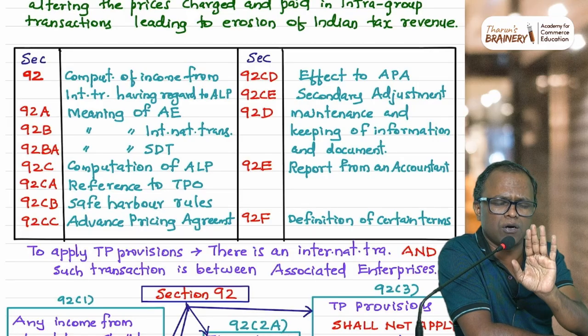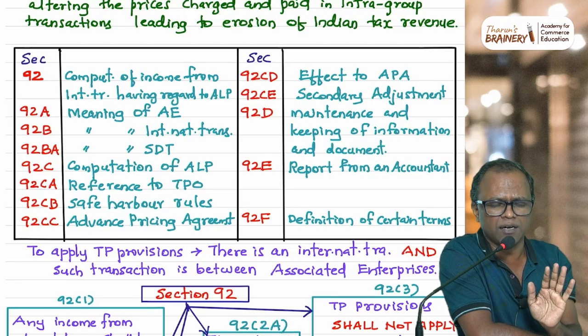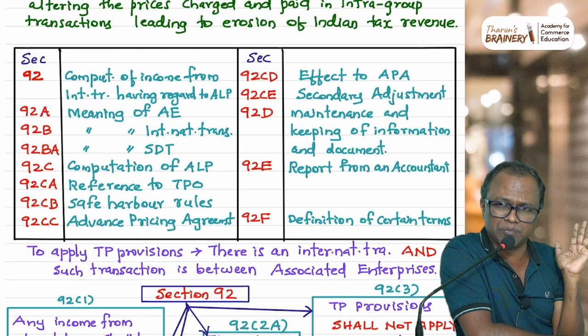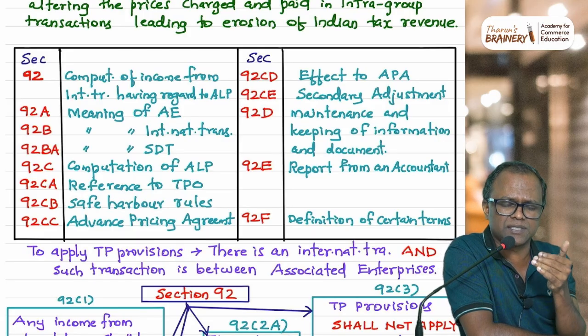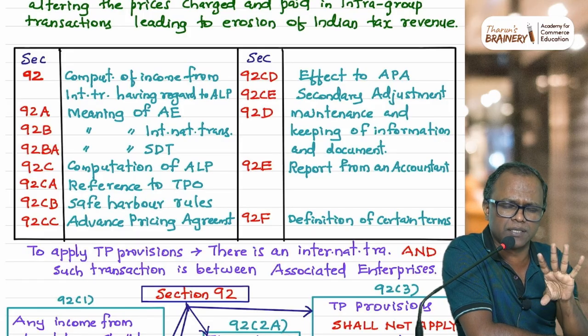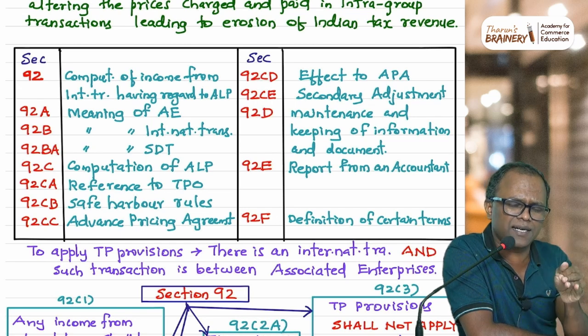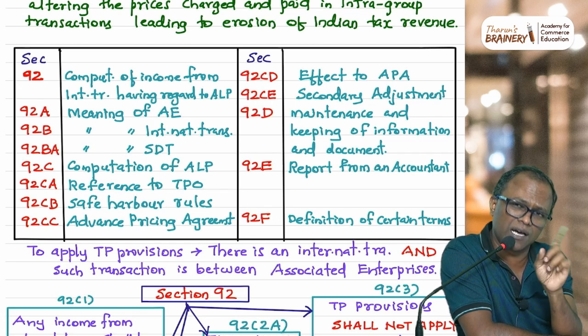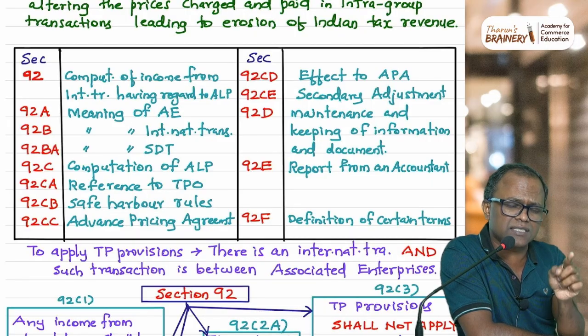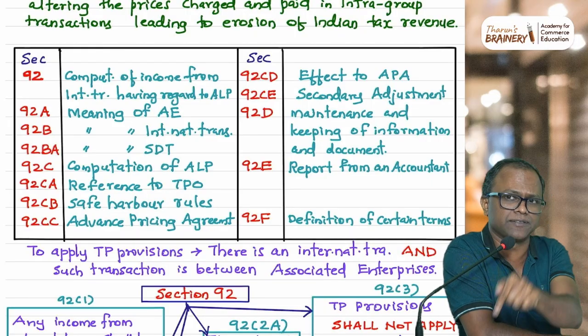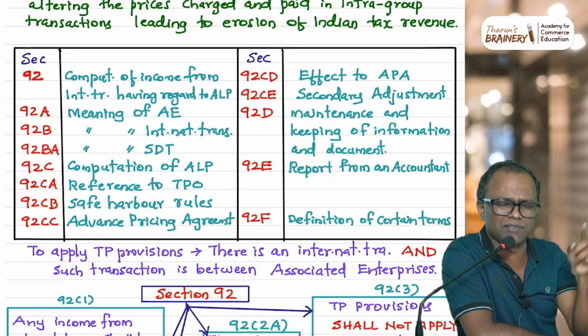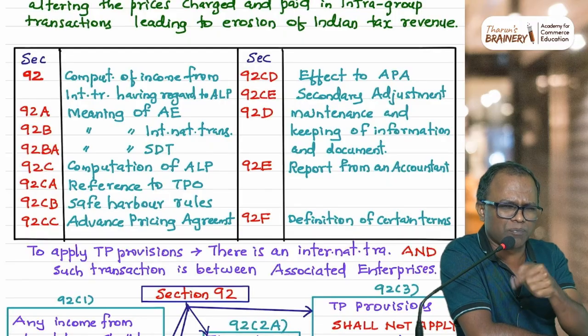If you did not bring back that money into India, then secondary adjustment will be applicable. That secondary adjustment says that much amount will be deemed to be a loan granted by Indian entity to the AE, and deemed interest will be calculated, and that deemed interest income will be taxable in India again. First of all, you diverted the profit, that is added back, you are paying tax.